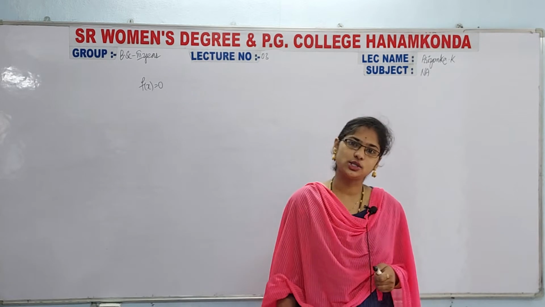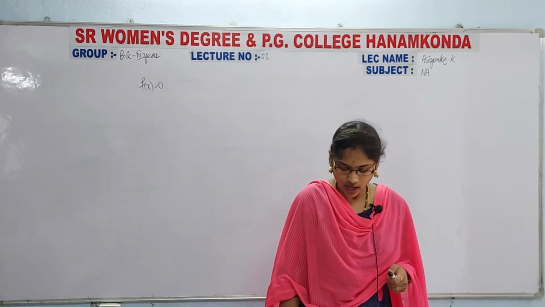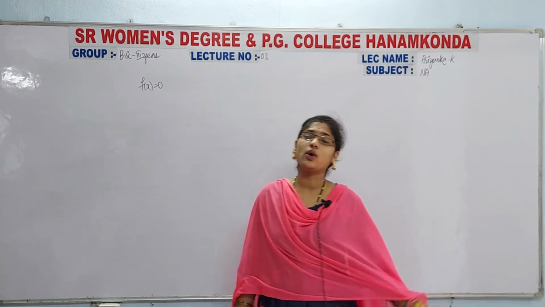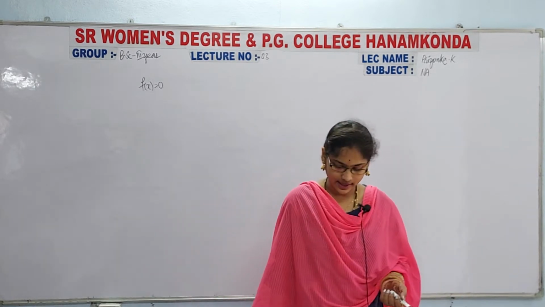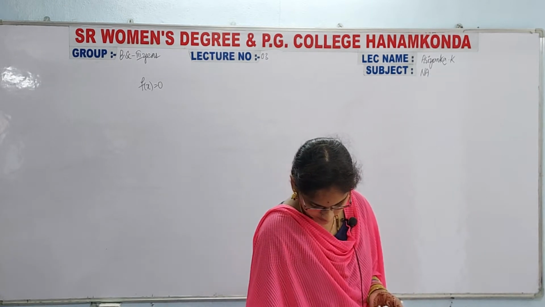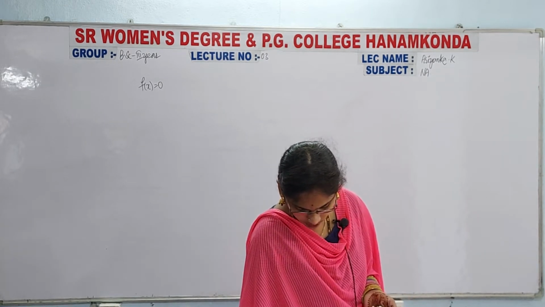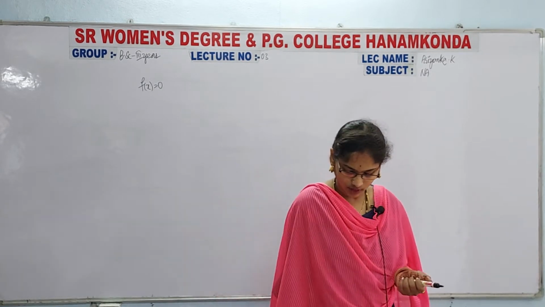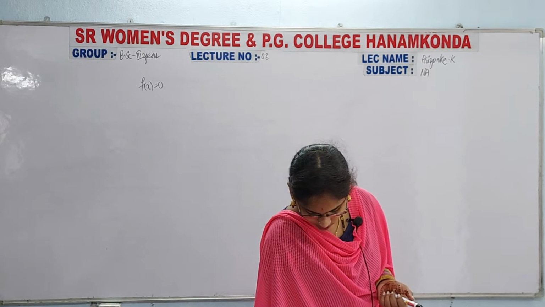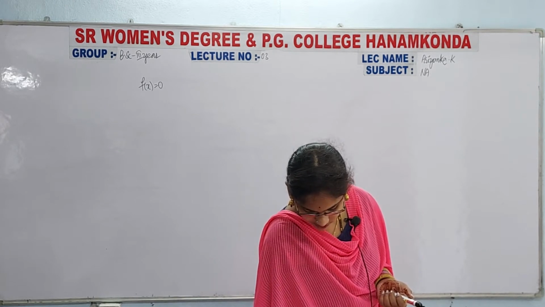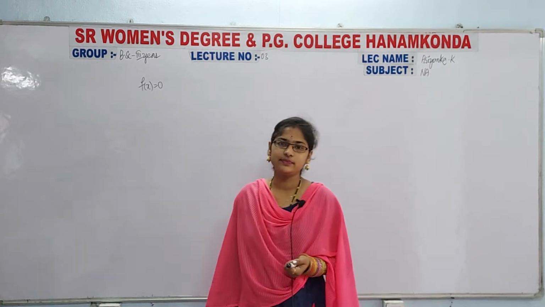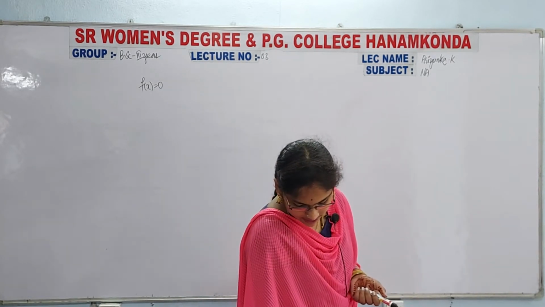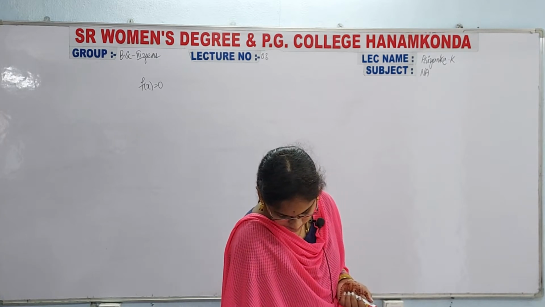Quadratic means the order is 2, cubic means the order is 3.